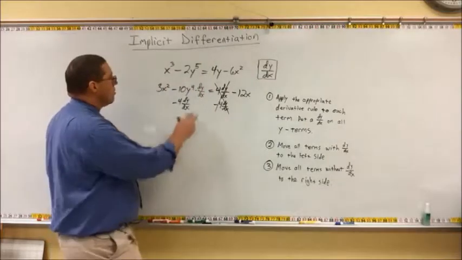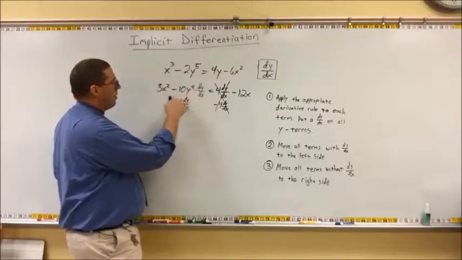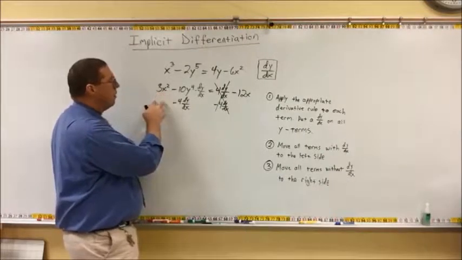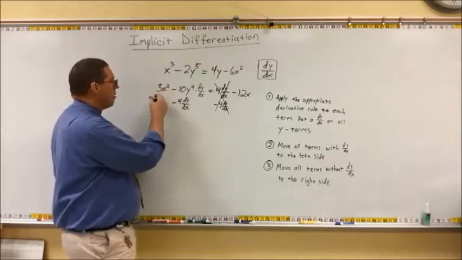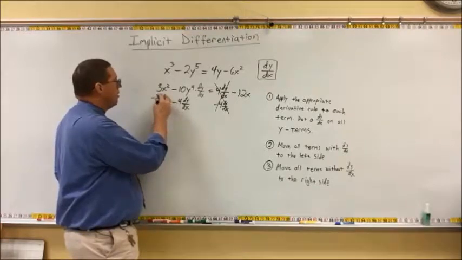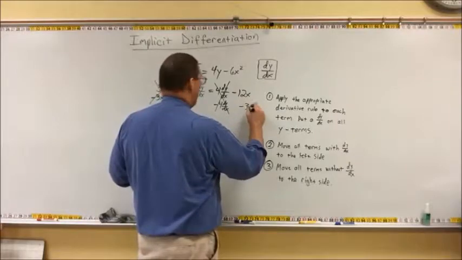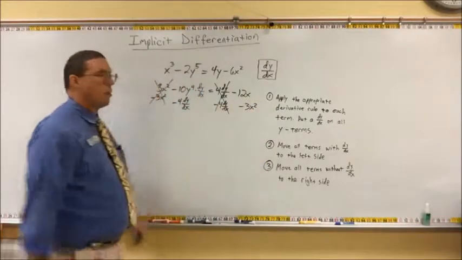So this term has a dy/dx, and this term has a dy/dx, but this 3x squared does not have a dy/dx on it. So we're going to subtract 3x squared here. That's going to cancel this. And we're going to subtract 3x squared on the right side.